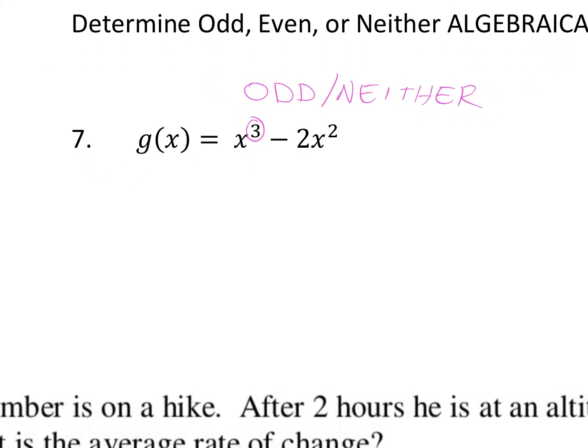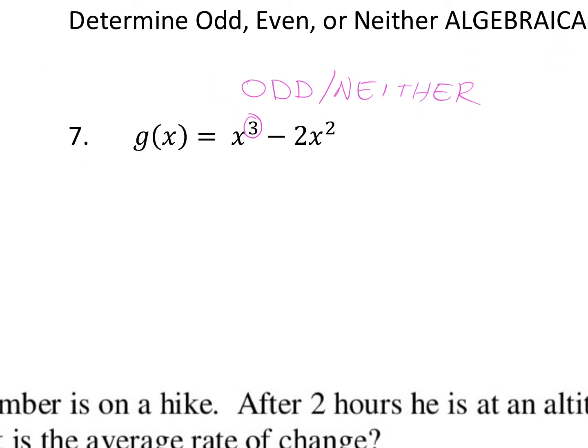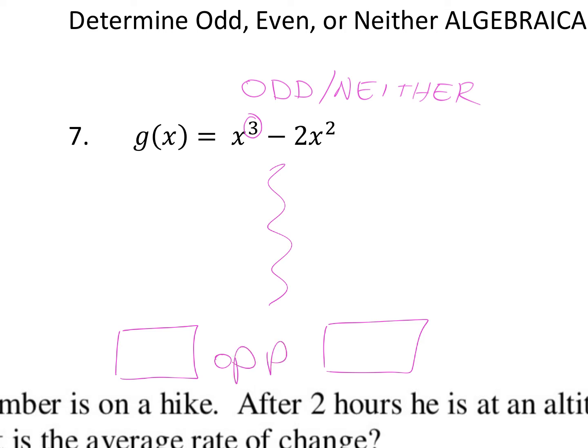So if you get your work set up, if you think this is an odd function, when you work this out, what should your answers be of each other? Opposites. Good. I would do this so you can see at the end, oh, they are opposites, or no, they're not. Now, you can plug in any number you want, as long as it's bigger than 1. 2 and negative 2. 3 and negative 3. 27 and negative 27.